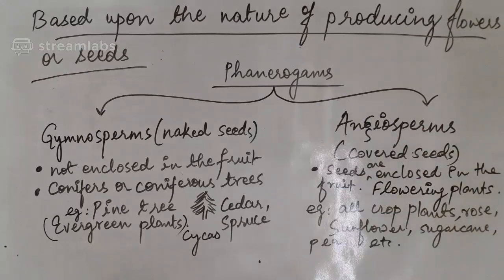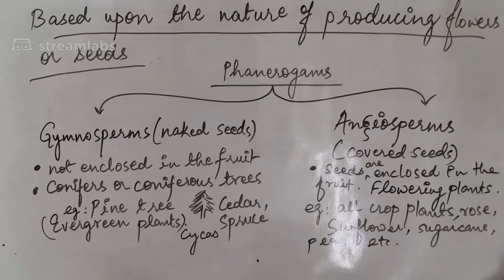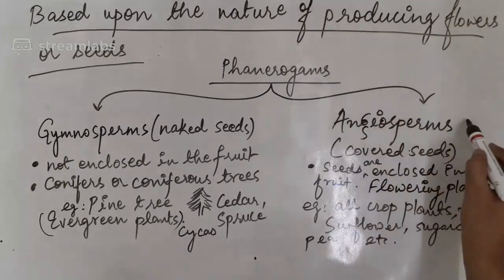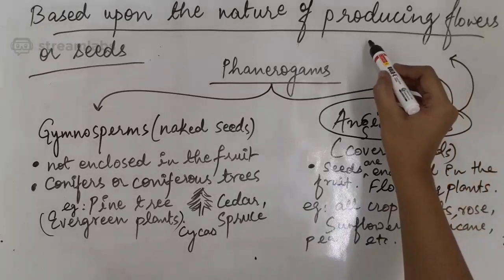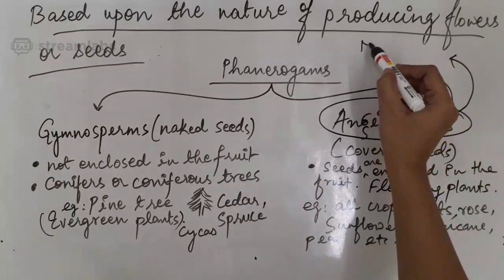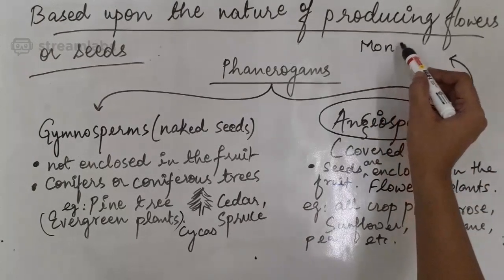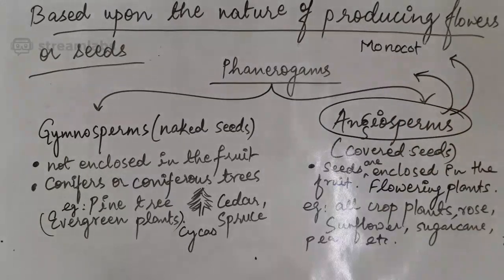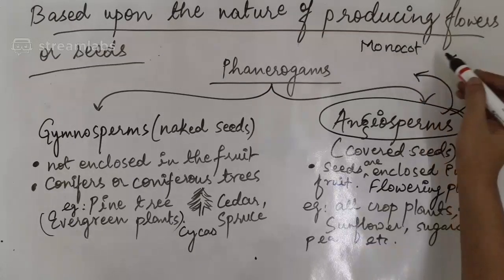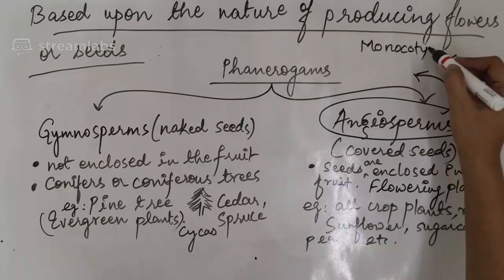These are further divided into two groups. The angiosperms are divided on the basis of cotyledons. Okay, first, that particular plant which has one type of cotyledon or seed leaf is known as monocot or monocotyledon.